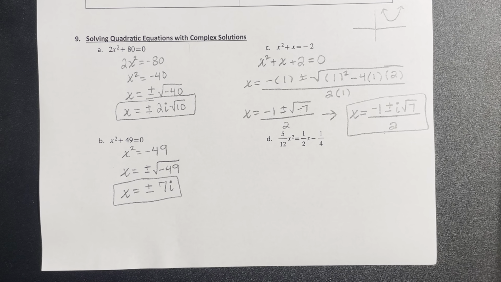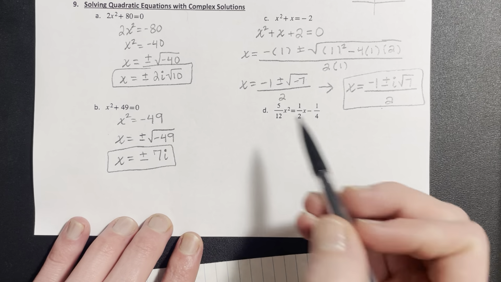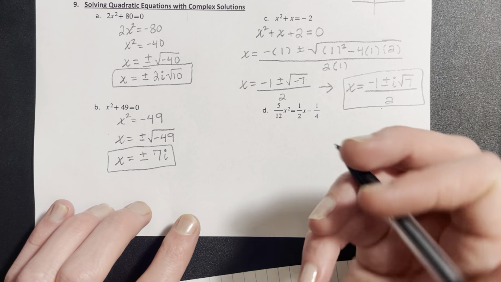All right, and then d. Now d looks pretty complicated. It's got several fractions, so maybe we want to clear out the fractions. If I look at every single fraction, a common denominator would be 12. So if I multiplied everything by 12, I can clear out the fractions.